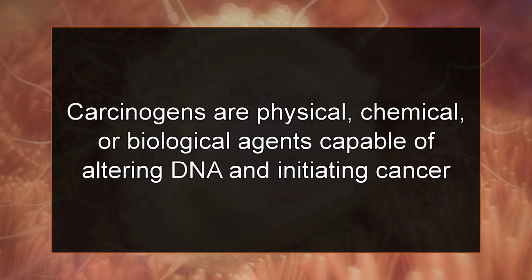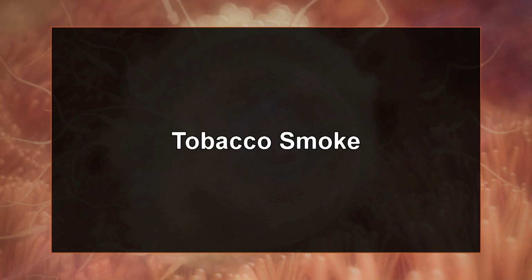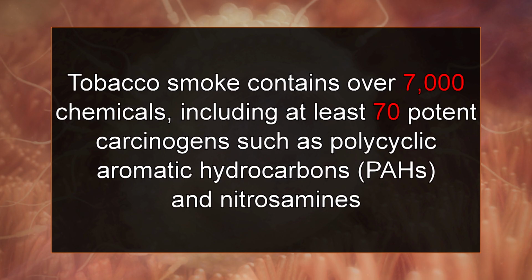Carcinogens are physical, chemical, or biological agents capable of altering DNA and initiating the cancer. Number 1 is tobacco smoke. Tobacco smoke contains over 7,000 chemicals, including at least 70 potent carcinogens, such as polycyclic aromatic hydrocarbons and nitrosamines.